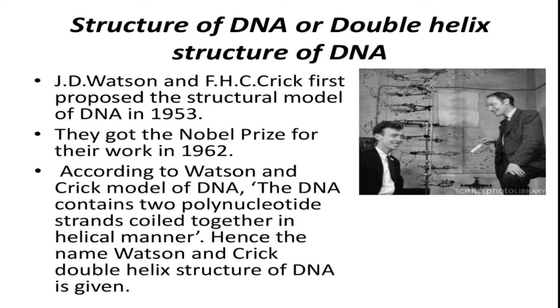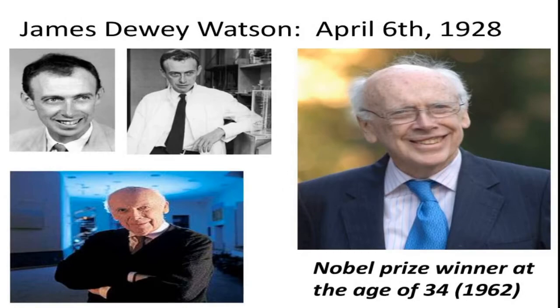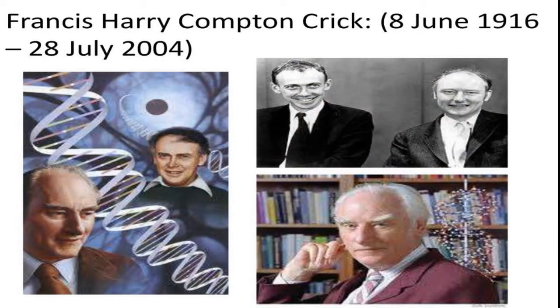As we've already seen, a polynucleotide strand runs from 5' to 3'. They said the two polynucleotide strands coil together in a helical manner, so they called the structure a helical structure of DNA. This is Watson, and this is Crick, Francis Crick.